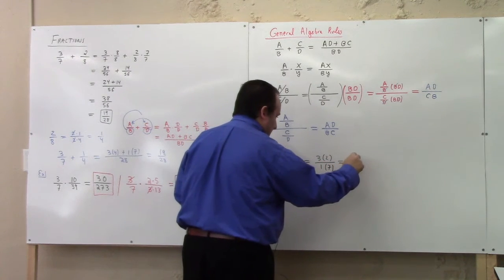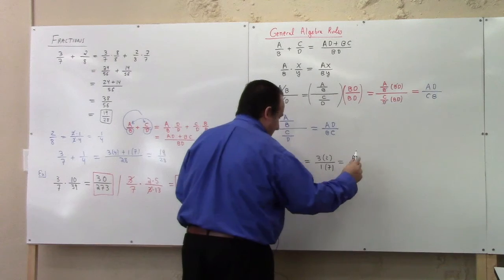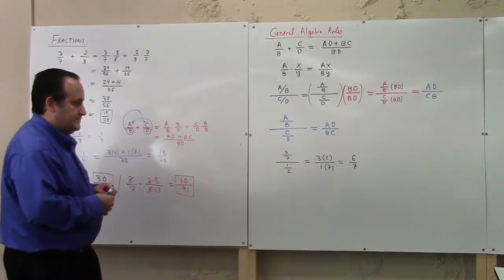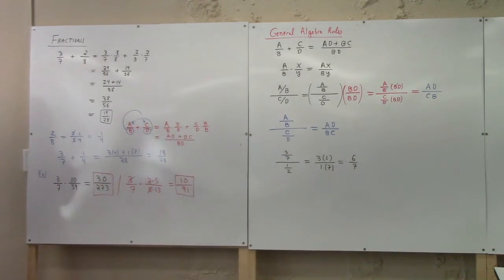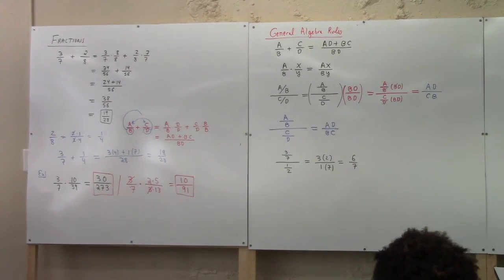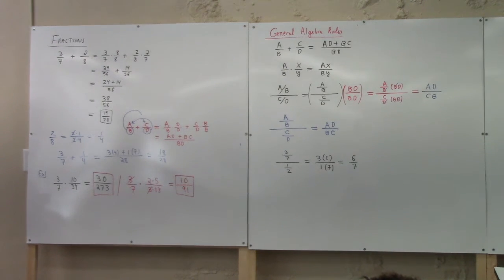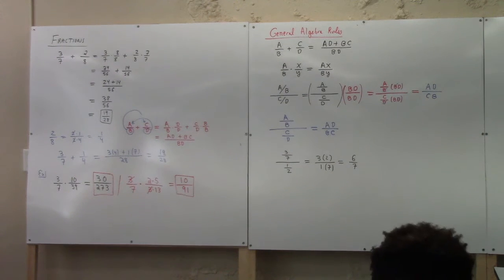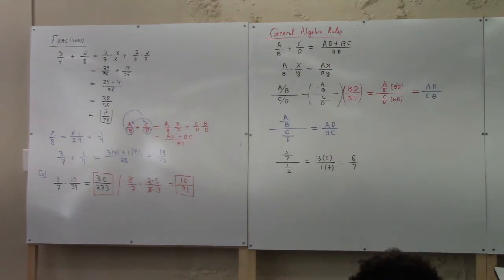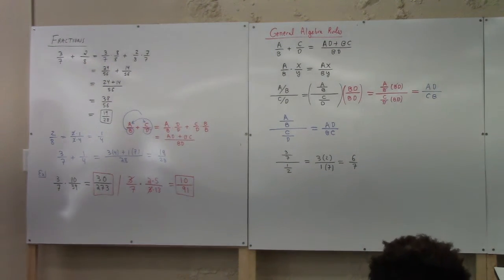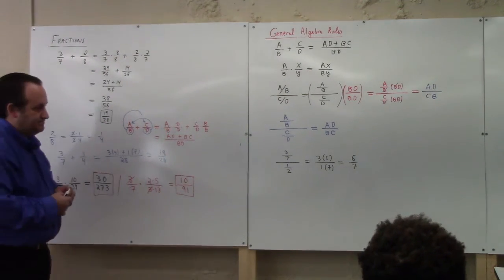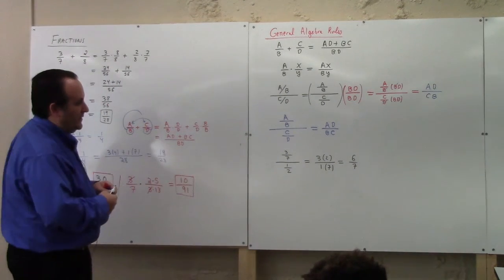I get 6/7. Another way to put this is division by 1/2 is the same as multiplication by 2. All right?